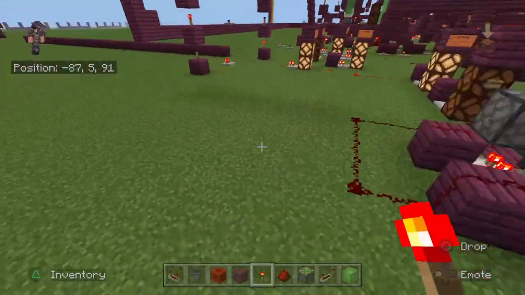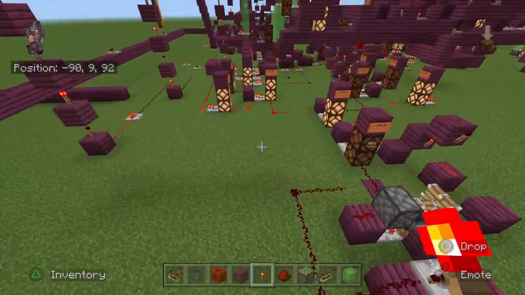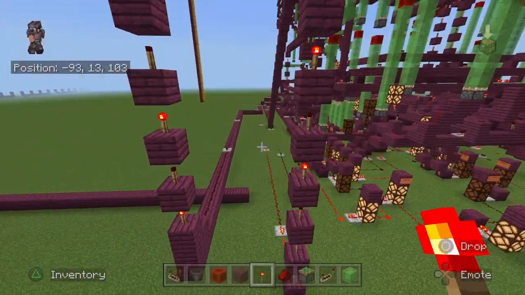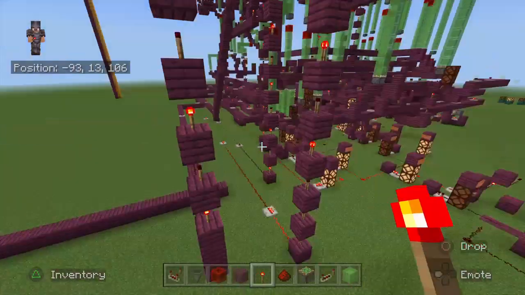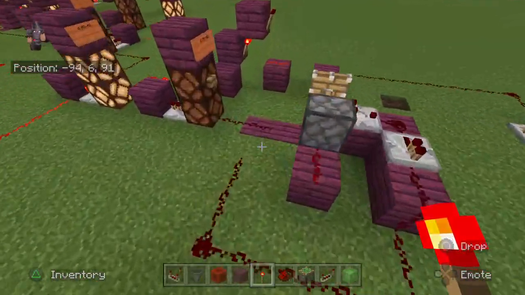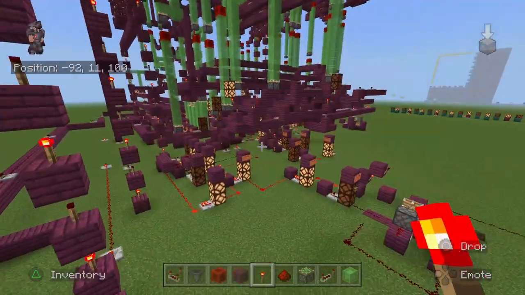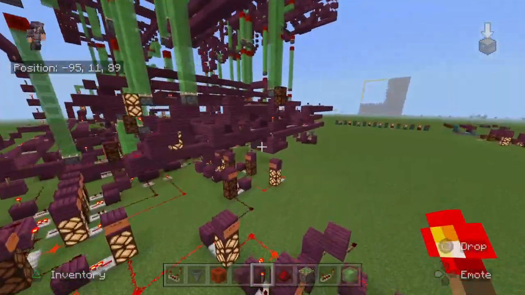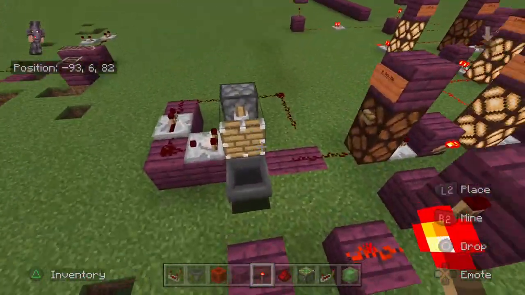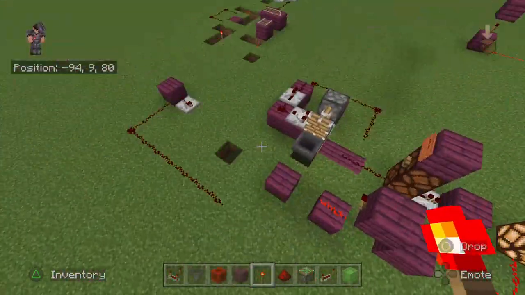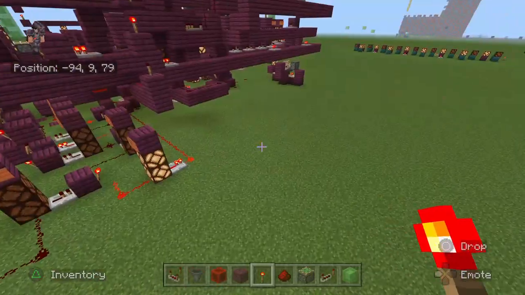But then these two nodes right here would also feed into it as well. And this was a clock to kind of see it go in slow motion, which was like every minute.